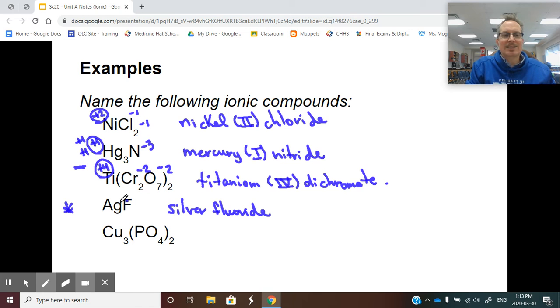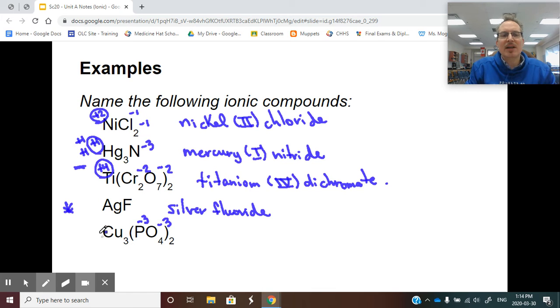And our last example, and my pen has turned off, so I'm going to trick it. Our last example is copper. Copper has more than one possible charge, so we're going to look up PO4 instead. Phosphate is -3. I have 2 of them, so that's 2 -3s. So this adds up to -6, which means all of copper has to add up to +6.